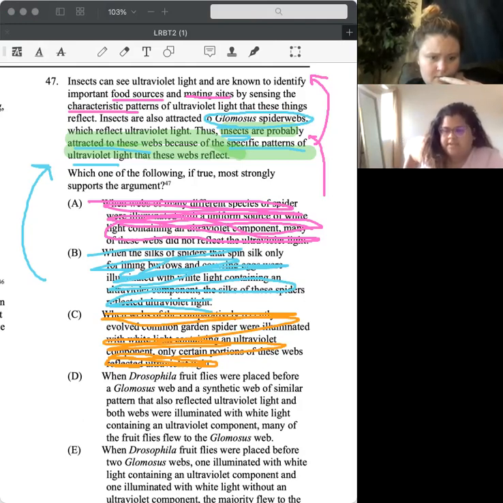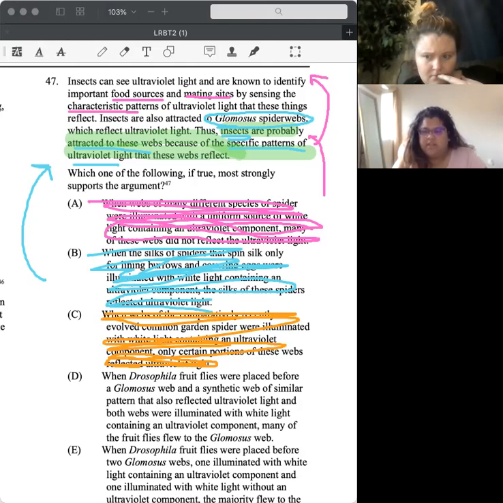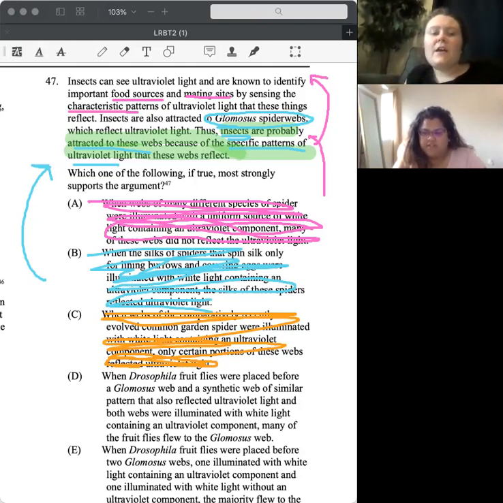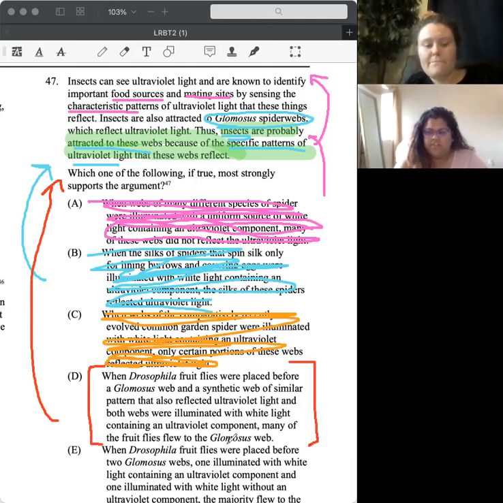So wouldn't that also be new information? Okay, it is, but the issue is not that it's bringing in new information. We're allowed to bring in new information on strengthen questions, but the new information has to do something for us. So essentially, what is D saying? It's basically saying that there's another reason for the ultraviolet light, right? But no, I want you to tell me in your own words what happened here.